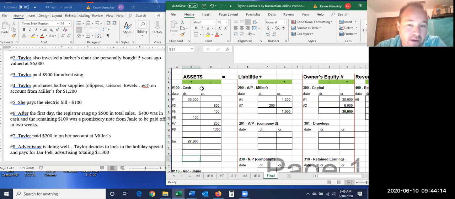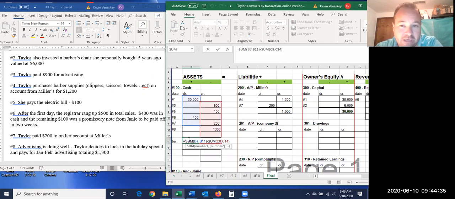And how we get this amount: we never want our balance to be over here on the negative side, because we don't want to have negative cash. That doesn't make sense. What I want to do is add up everything in the left column and then subtract out everything in the credit column. You can do this on a calculator, or you can just have Excel do it through a formula. That's what I did.